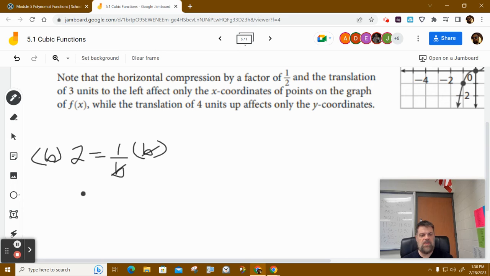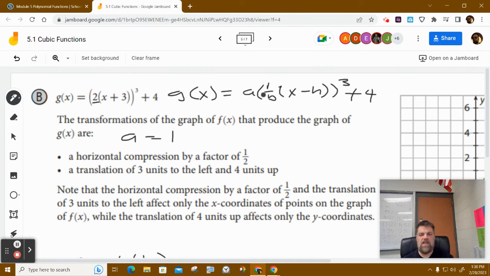These b's cancel, and I get 2b is equal to 1. Divide by 2, and I get b is equal to 1/2. So that means 1 over b equals 2 means that b is equal to 1/2.